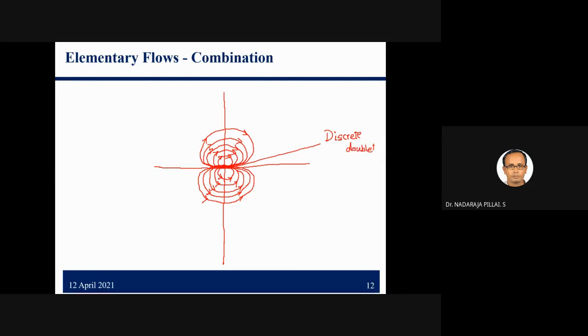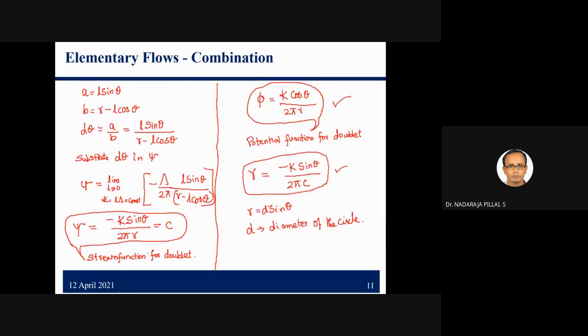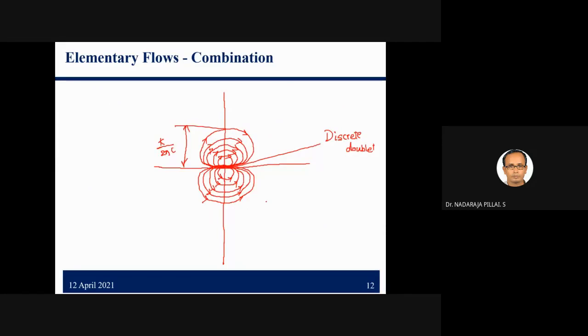And this distance, we can say that this is kappa by 2 pi c. What is that? This is d, right? D sine theta. So this is d, diameter. So we can say that the pattern is a double lobed circle.